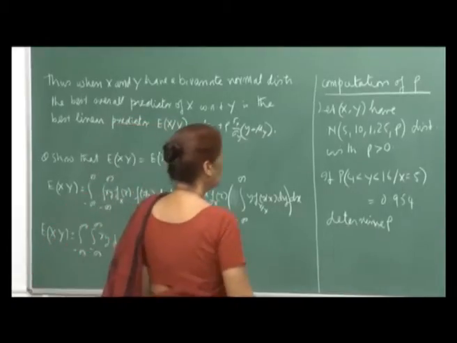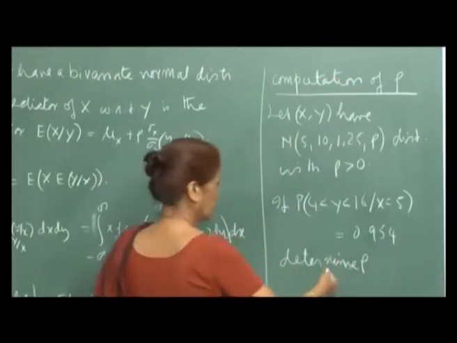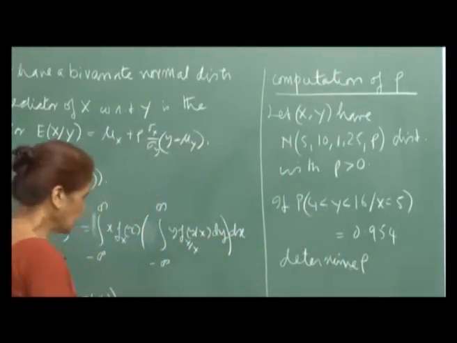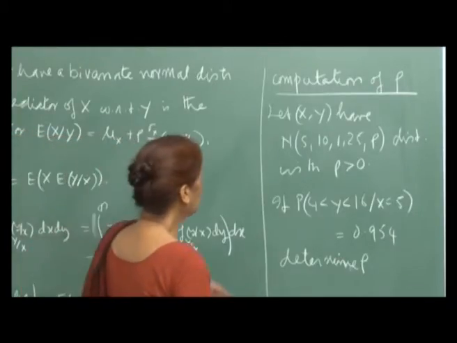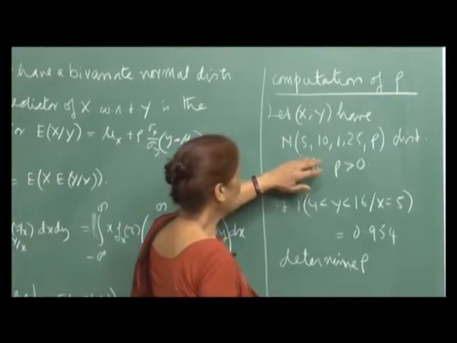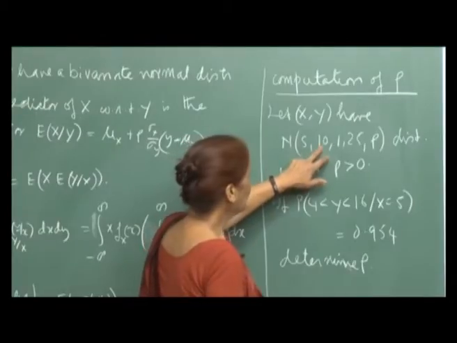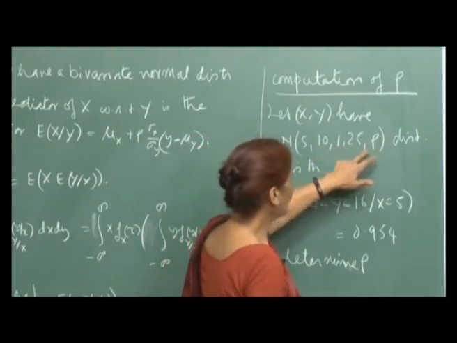Now, let us go through this exercise of computing rho, and of course for different situations you can use different techniques to handle it. Here, you are given that x and y have a bivariate normal distribution with parameters mu x, mu y, sigma x square, sigma y square and rho.